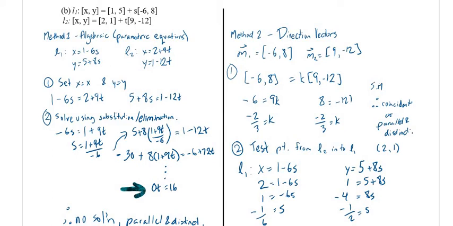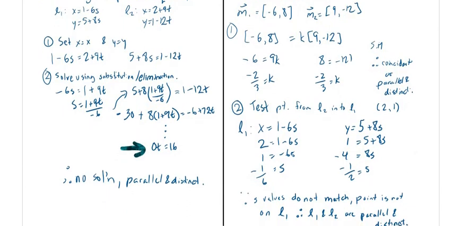Let's pick 2, 1, because that's on line 2. We're going to sub that in and try to solve it. We take 2 and plug it into the x equation, and 1 and plug it into the y equation. When we do that, we get -1/6 for the x equation and -1/2 for the y equation.